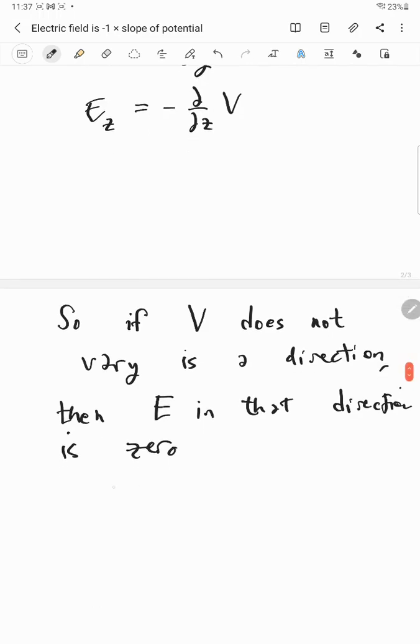For example, what if the variation, right, the derivative of the potential with respect to x, what if this is zero?